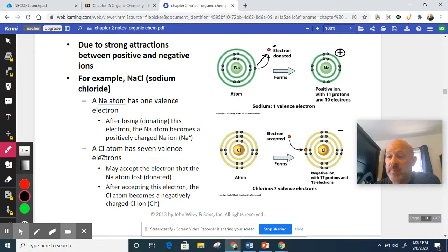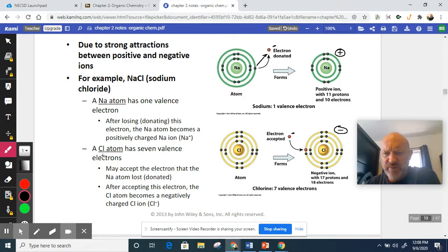When it does, it puts it in that outer valence shell and makes it filled. But now it's receiving an extra negative particle. So when we have 17 protons, now we have 18 electrons, and this causes the atom to create a negatively charged ion, giving this a charge of -1.